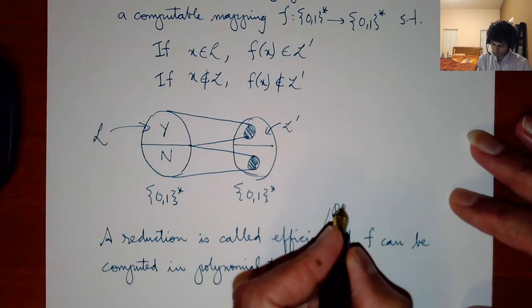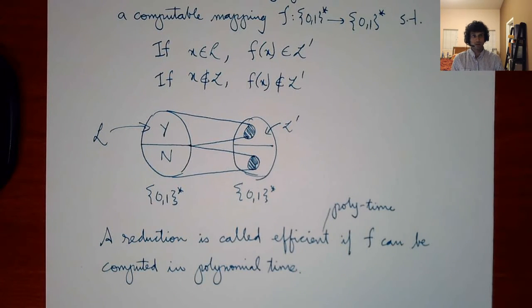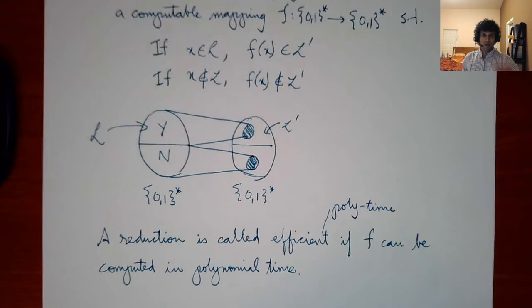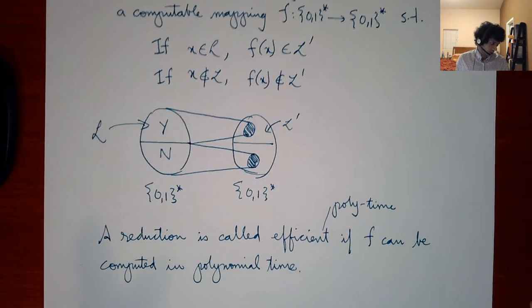It's called efficient, or polytime, because there are other kinds of reductions which may be even more efficient, like linear time reductions. There's been a recent theory called fine-grained complexity, where one looks at the specific running time of the reduction, and there's a whole theory built around it. For the sake of this course, efficient will mean polynomial time, unless we say otherwise.